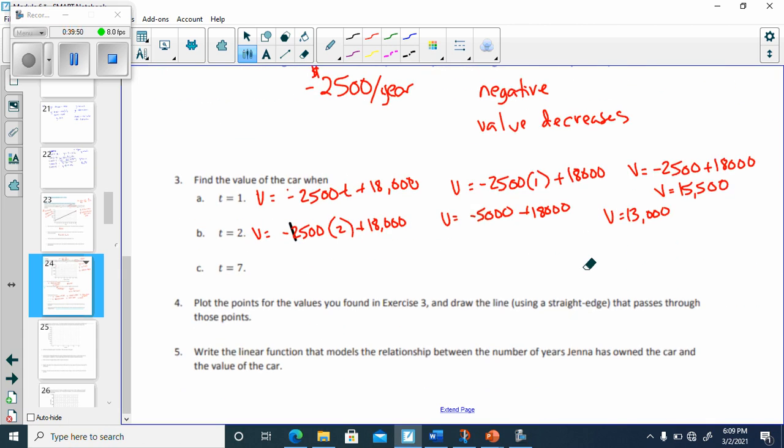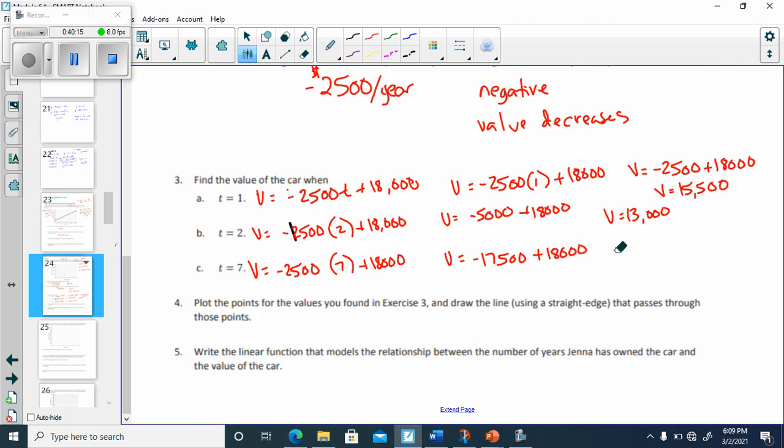Okay. And then after 7 years, your value is equal to negative 2,500 times 7 plus 18,000. So if you multiply negative 2,500 times 7, that is negative 17,500 plus 18,000.